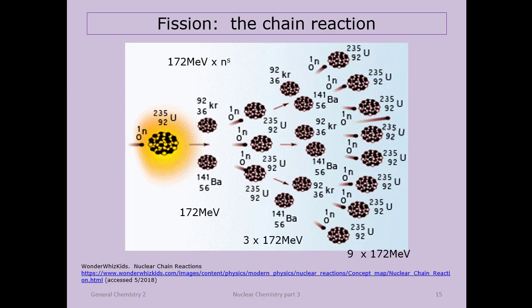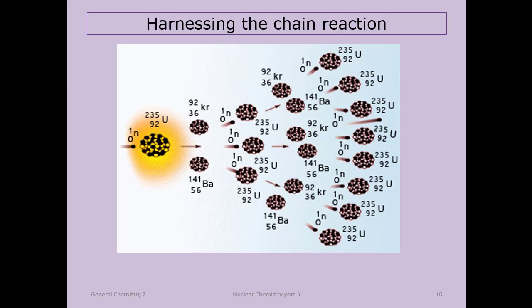In this case, it looks like we did 3 steps, so it would be 172 times 3 particles flying out raised to the power of 3 steps. So you can see that very quickly this energy starts to build up, and that's what we call the chain reaction. That's where we get so much energy from fission.